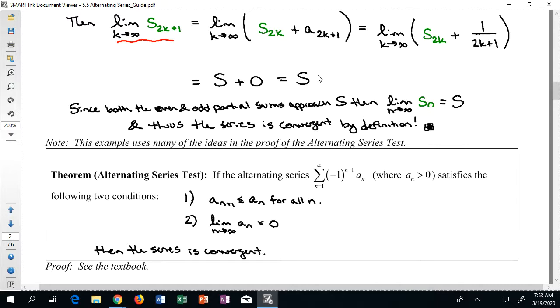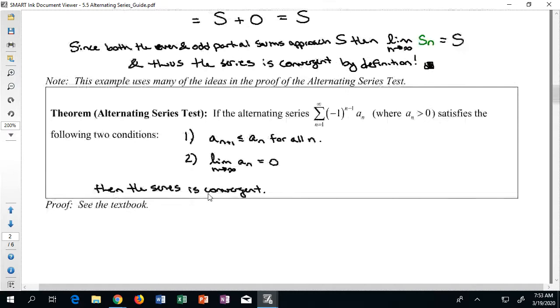This is really, really powerful. Essentially, it says if you have an alternating series and you can just confirm these two things, we automatically know what the argument is going to look like, so there's no reason to write the whole thing. We can just immediately jump to the conclusion. We know we get convergent.